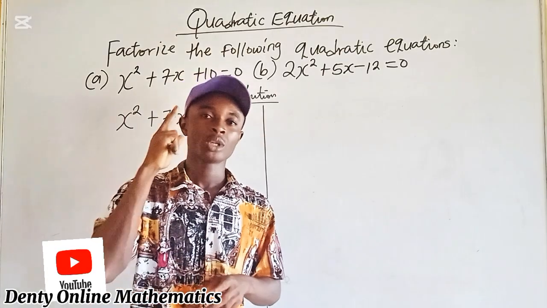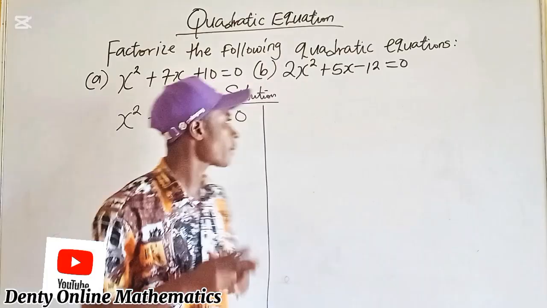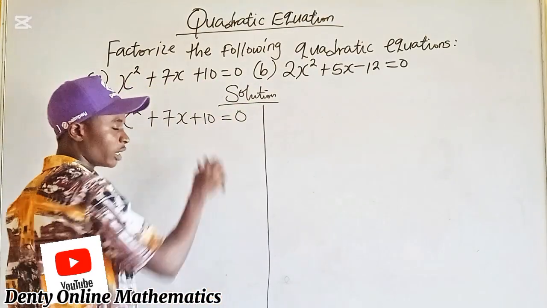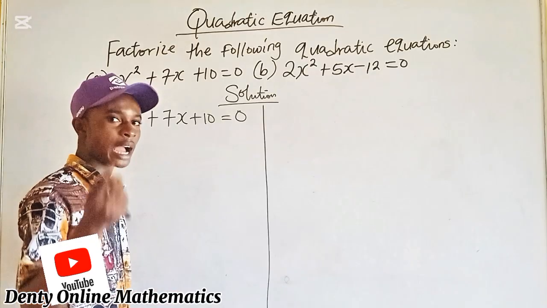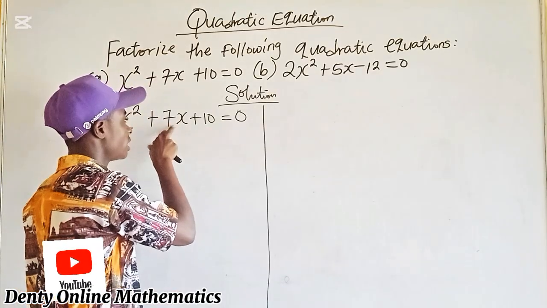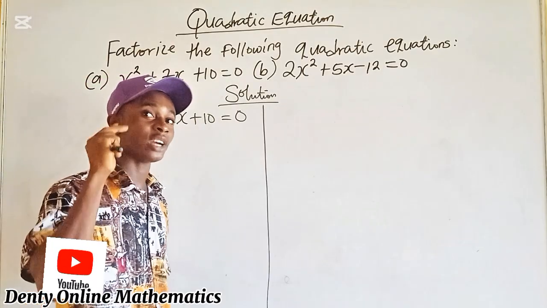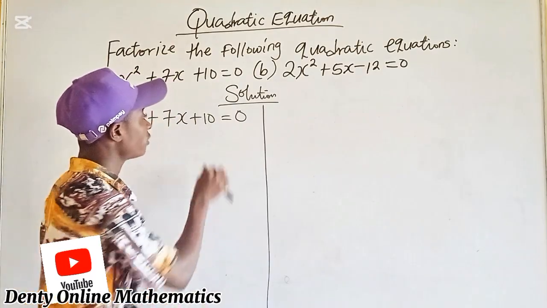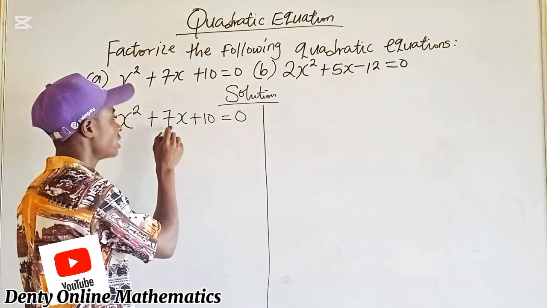If we multiply them, we are going to have 10. And if I add or subtract those numbers, I'm going to have 7. Take it again: two numbers that if I multiply them, I will have 10, and if I add or subtract them, I will have 7.